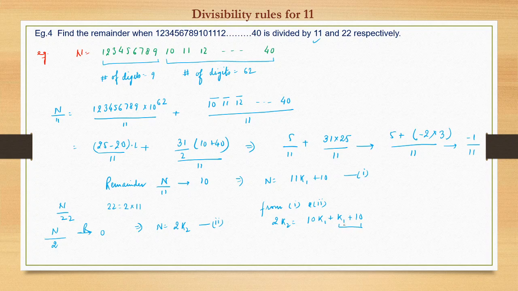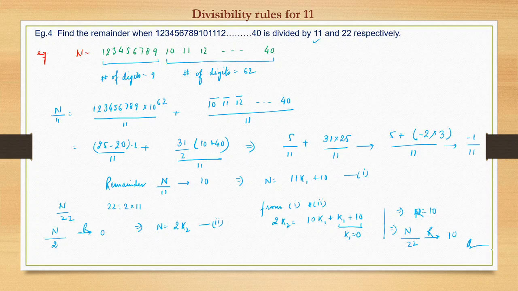So what is the lowest value of k1? k1 equal to 0 gives a multiple of 2. So we substitute k1 equal to 0 in 1. This gives n equal to 10, and this becomes the remainder also, right? So basically n by 22 will give a remainder of 10.